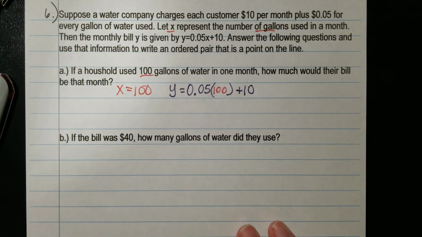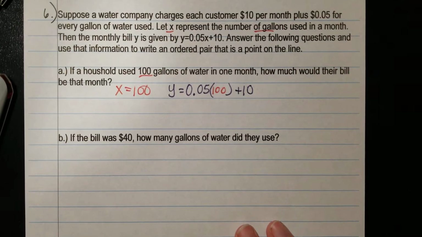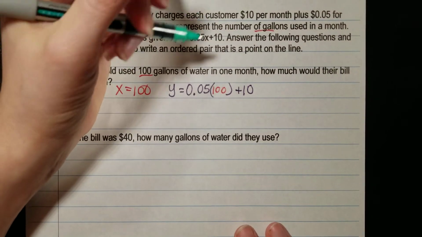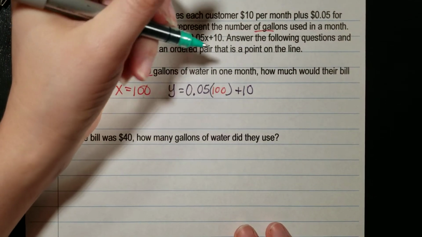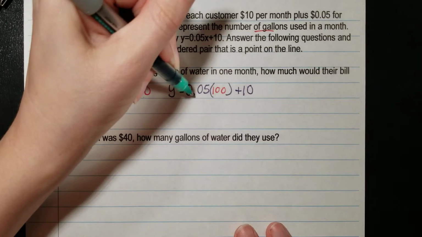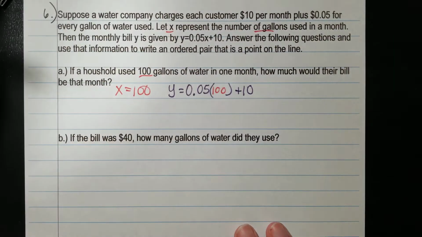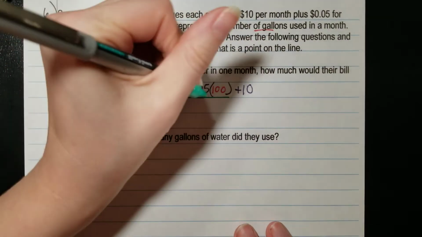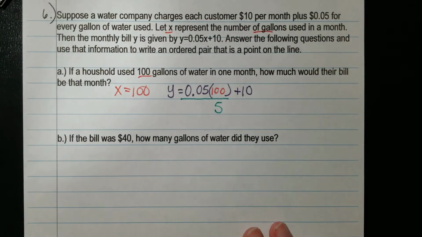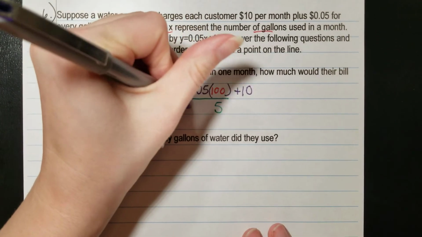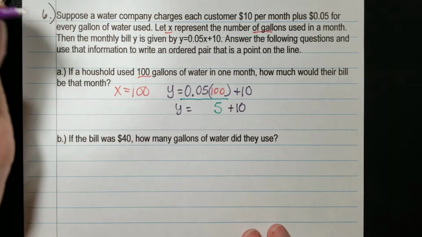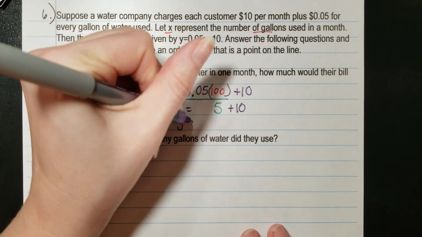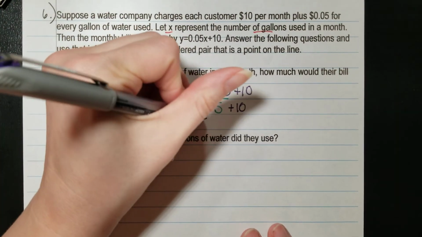All right, so we're going to multiply 0.05 times 100. This is 5 100ths times 100, so it's 5. So this whole thing right here is 5. So 5 plus 10 is 15.